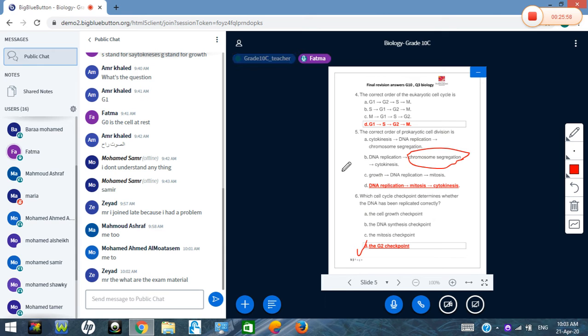Repeat the steps. You got it? Yes. So to be 100% accurate about the DNA duplication, it will be in the next stage, not in the same stage. So it will be G2. Okay?